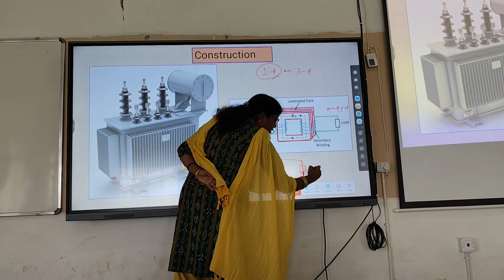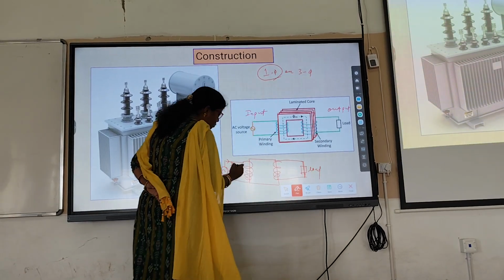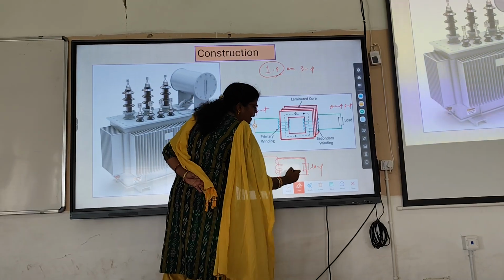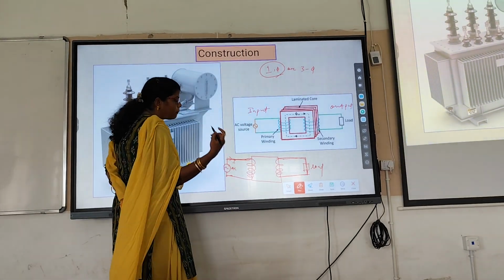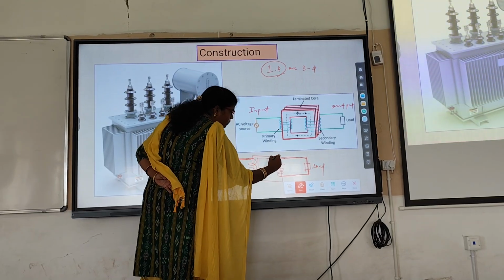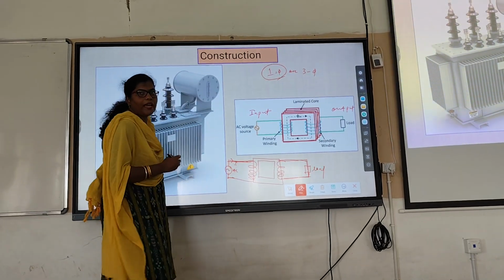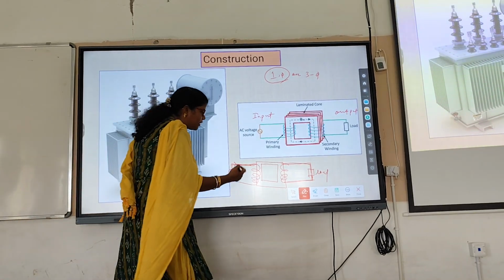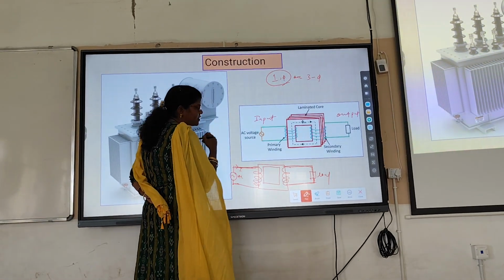Here this is a load. Clear? So one side you give current, and automatically the other side will get the supply. How? Because both the windings share the common magnetic path.